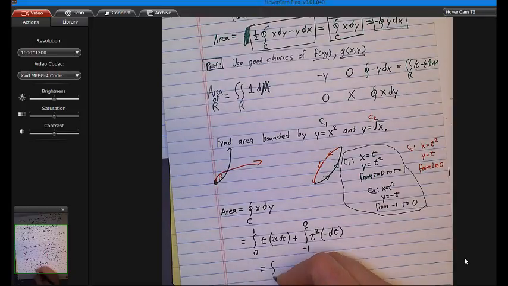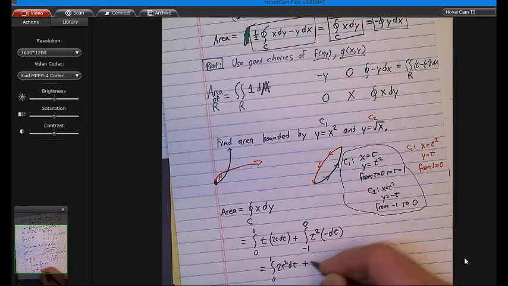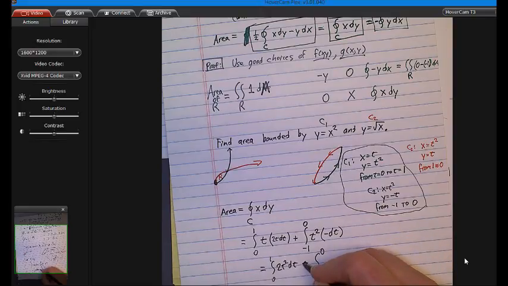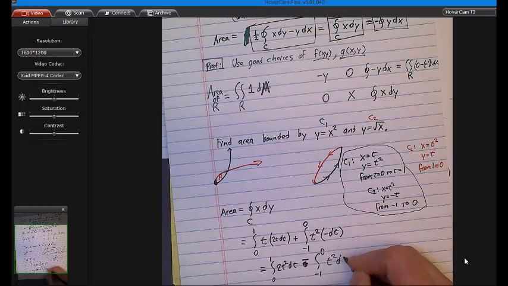So we're integrating from 0 to 1 of 2t squared dt, and we're going to subtract the integral from -1 to 0 of t squared dt.